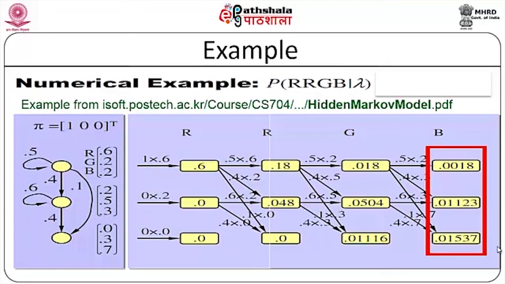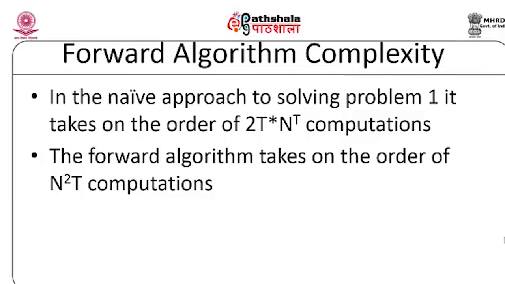So, that is how you get it, and similarly you go on, and finally you have probabilities 0, 0.18, 0.0112, and 0.01537. That is the probability of generating RRGB given the model, and the transitions that happened. So, in the naive approach, the forward algorithm takes on the order of N squared T computations.